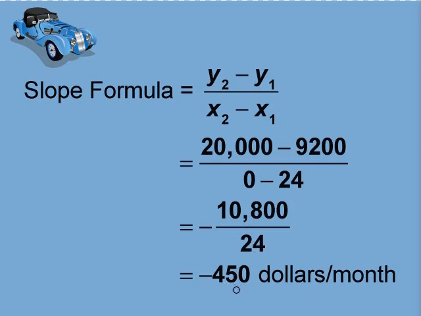This negative value tells us that we're reducing the loan by a payment designated as a negative number. The negative value for slope also accounts for the orientation of the line in a downward direction going from left to right. The units are dollars per month. So the negative slope of the line is the rate at which the loan is being paid down.